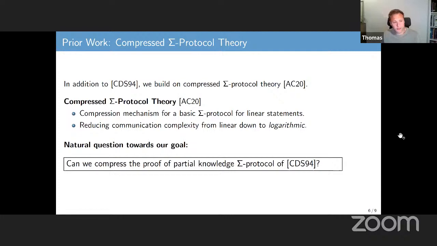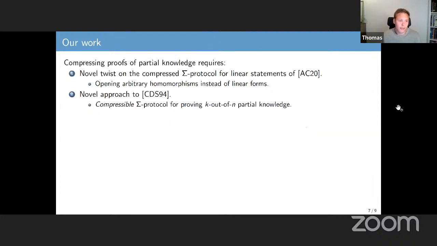So a natural question given this compressed Sigma protocol theory is, can we compress the proof of partial knowledge Sigma protocol of CDS94? In this work, we answer this question in the affirmative by giving a compressed proof of partial knowledge. We do have to make some adaptations. For one, we need a novel twist on the compression mechanism of compressed Sigma protocol theory.